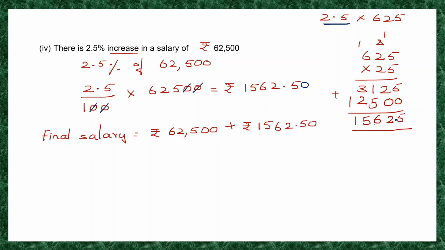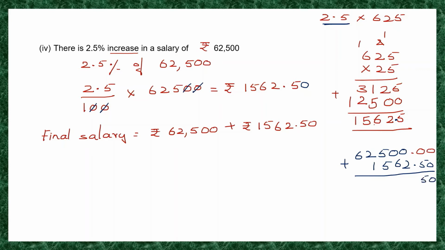So let's add up these two numbers. So 62,500 plus 1,562 and 50 paisa. So let's make them like decimals, 0.00, and add it up.